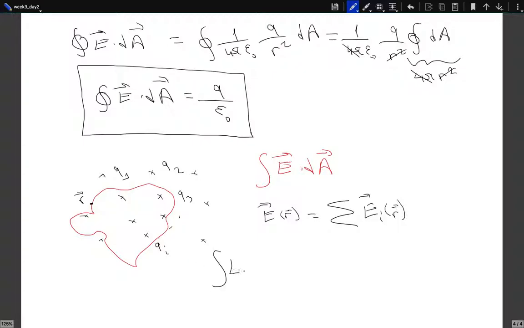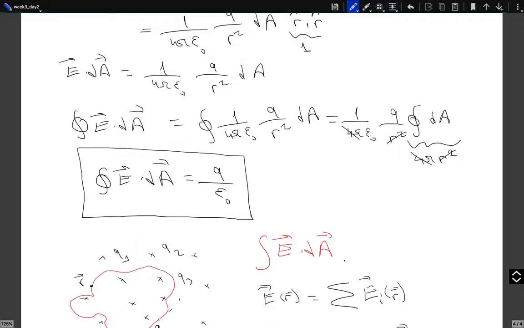So E dot dA over a closed surface will be equal to the sum of the integral of Ei dot dA over the same surface. We had just shown that for a sphere, and our previous arguments show that this integral is independent of the surface.